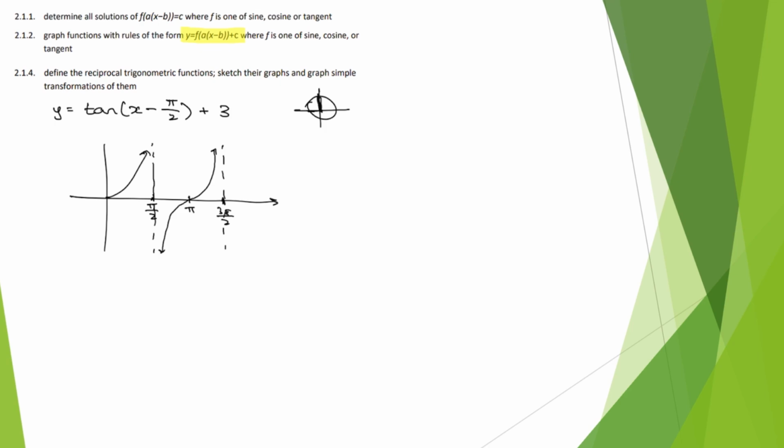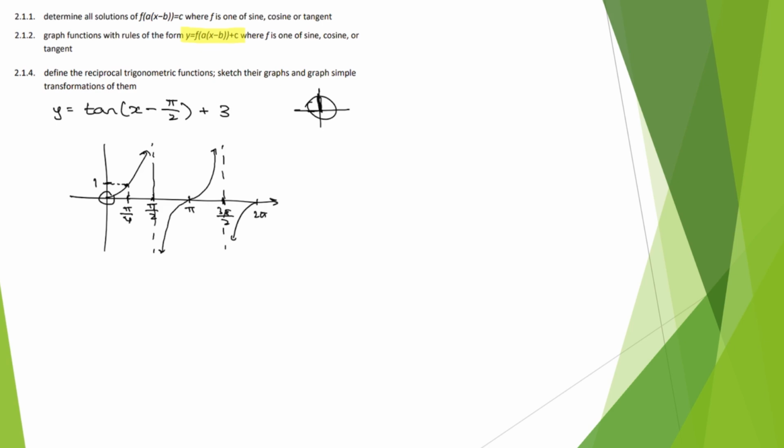Another thing is that it equals 1 at the point pi on 4. That's a really key other point. So the key points you want to knock off when you're drawing the graph in this case is that it passes through 0, that your asymptotes are at pi on 2 and 3 pi on 2. And this should go to 2 pi.